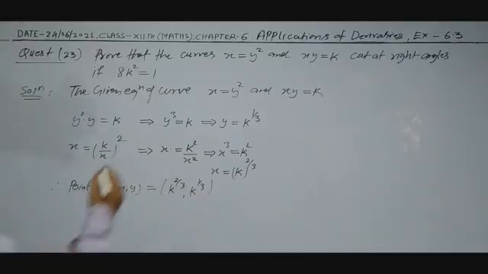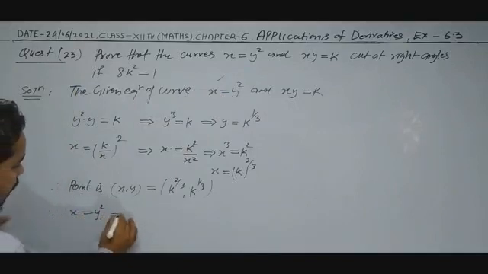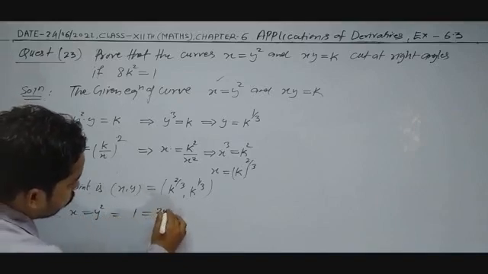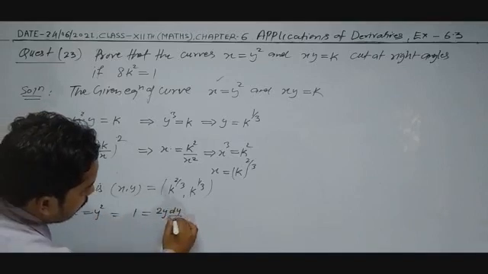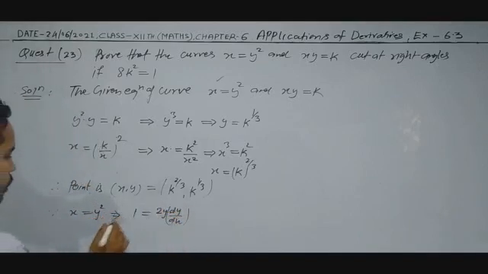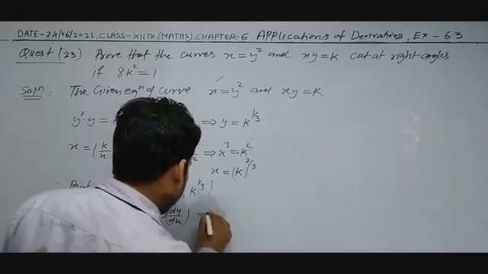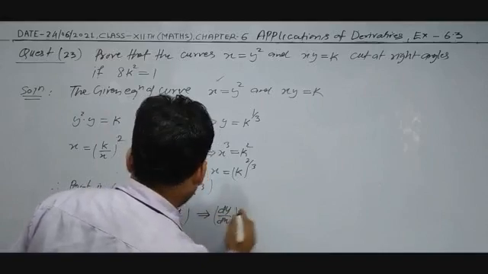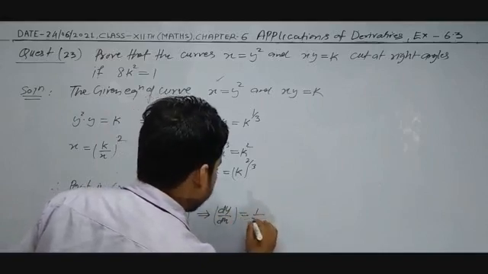Now from the first equation, since x is equal to y square, when you differentiate, you will get 1 is equal to 2y dy by dx, and the dy by dx result will be 1 upon 2 times y.